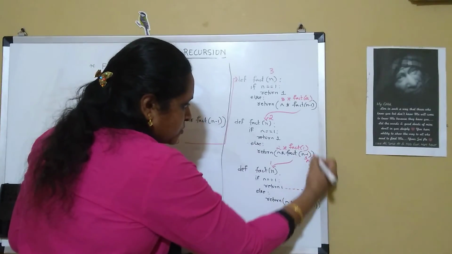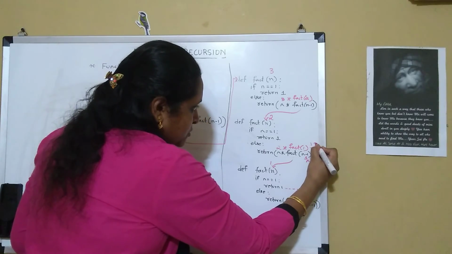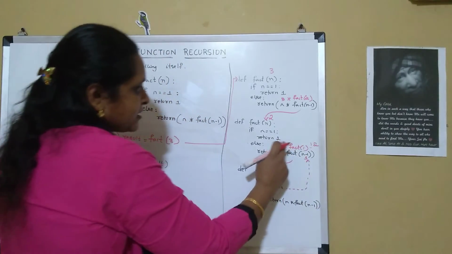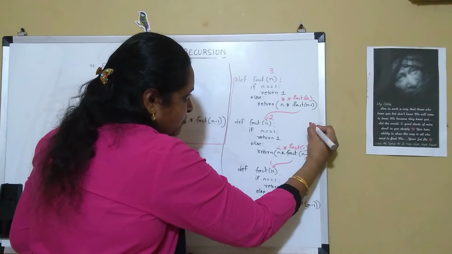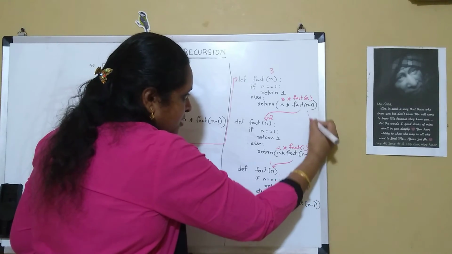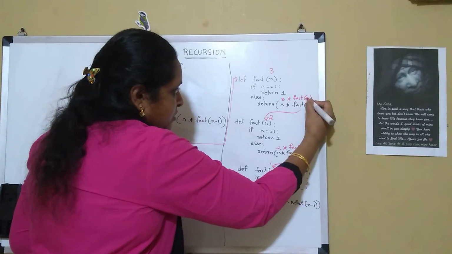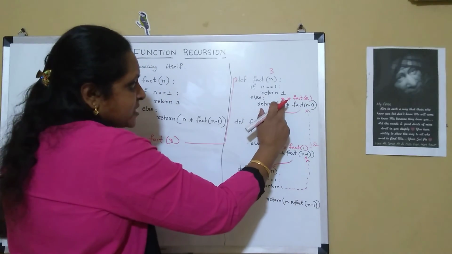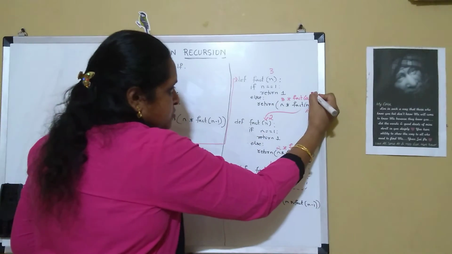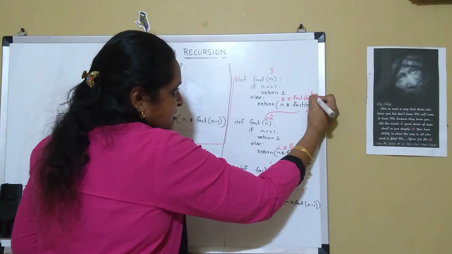So this value 2 is being returned where? To this particular function. So value of factorial 2 now becomes equal to 2. So this 2 moves to factorial of 2, so it becomes 3 into 2, which is equal to 6.